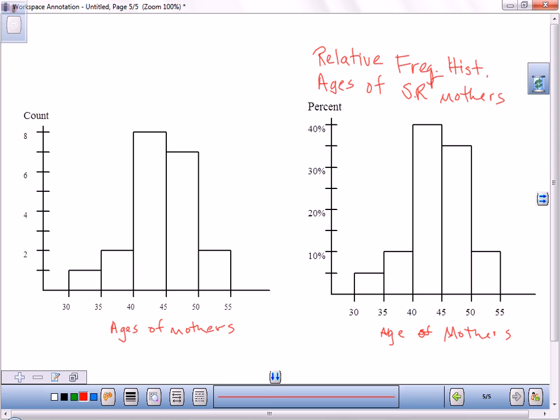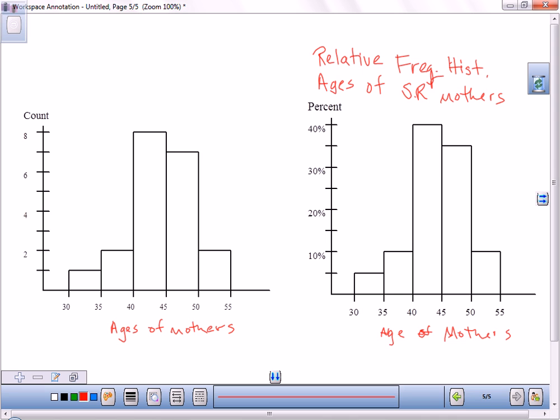All right, we're going to do one together now. Pass these back quickly. Go ahead and read, and by the time I get them all out, you should be close to done. Okay, I'll read it to you then.